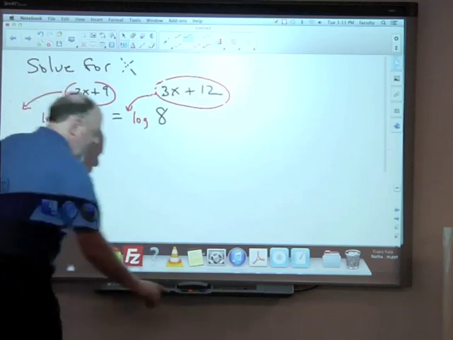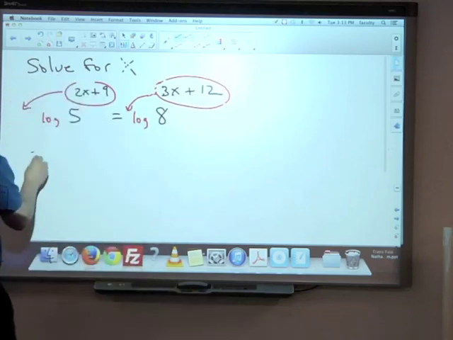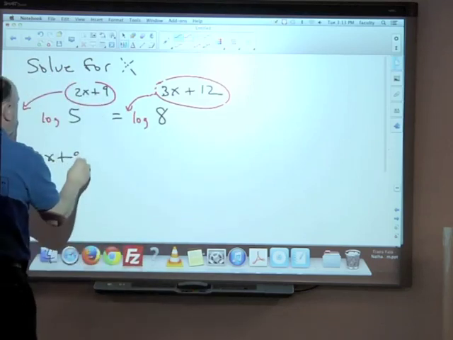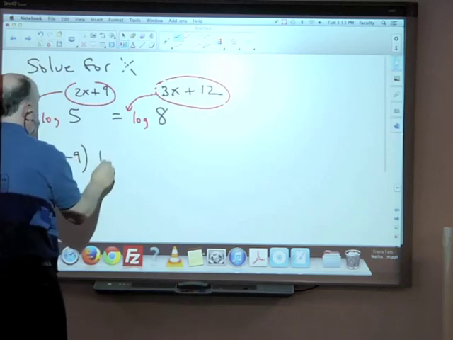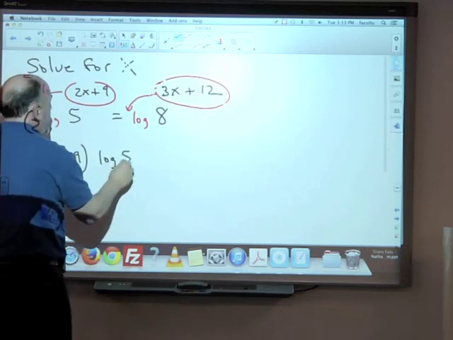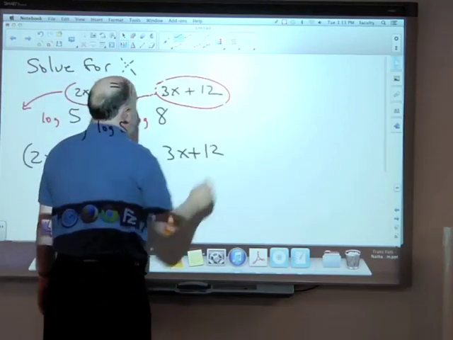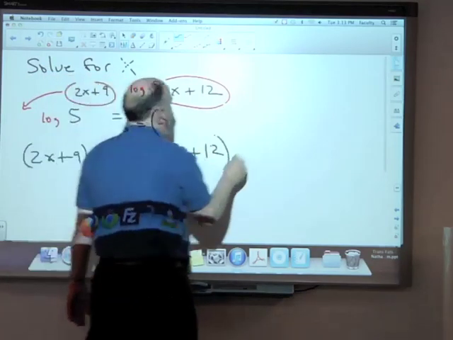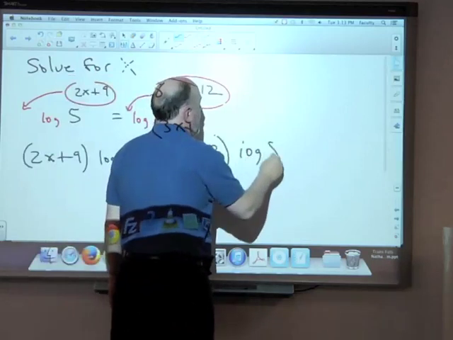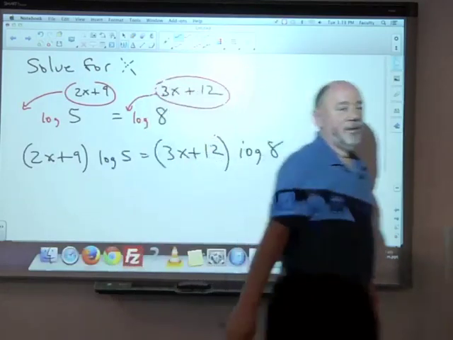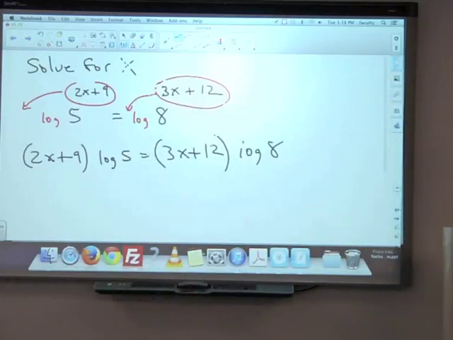And so we'll get 2x plus 9 times the log of 5 is going to equal 3x plus 12 times the log of 8.